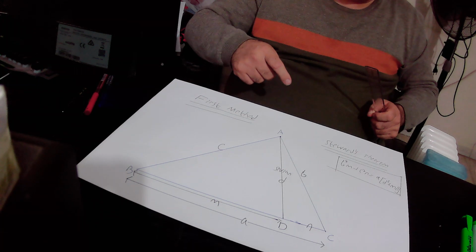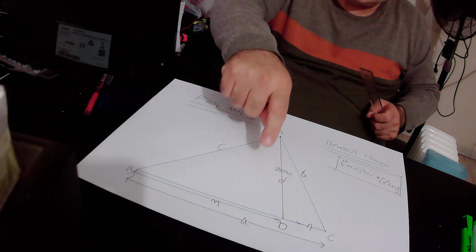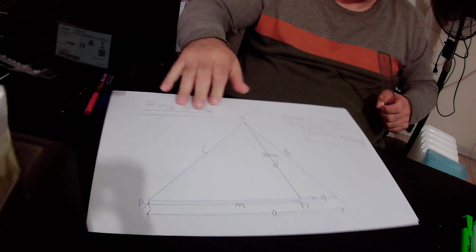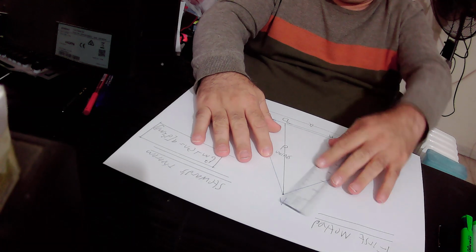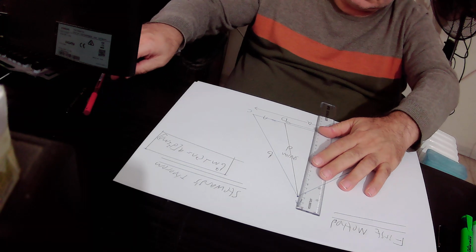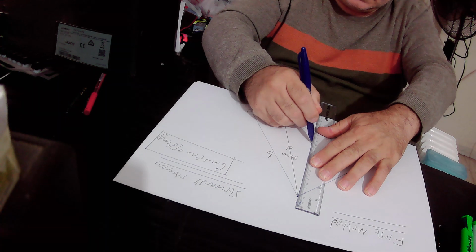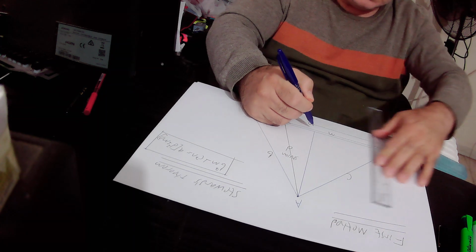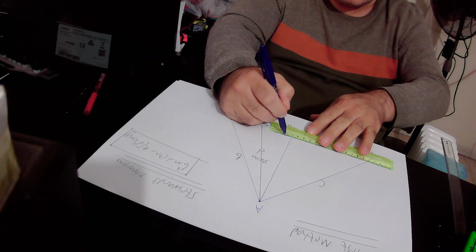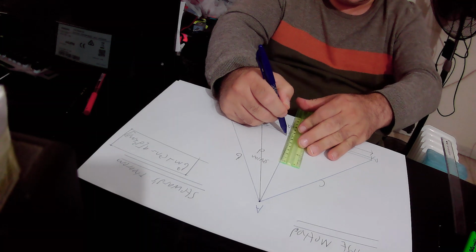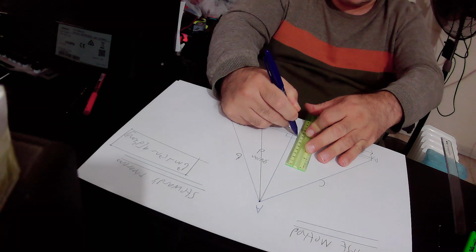In the first method, we'll do a construction from point A. We'll draw a perpendicular on BC. So this angle equals 90 degrees and this angle equals 90 degrees according to our construction.